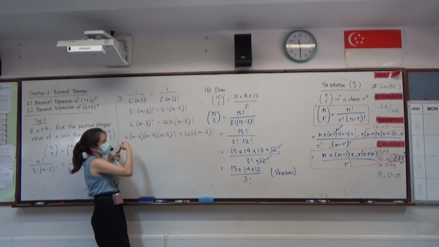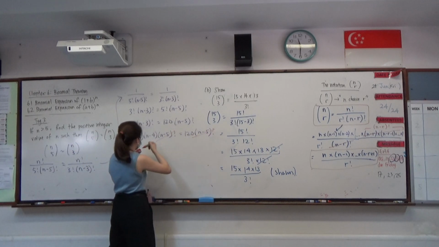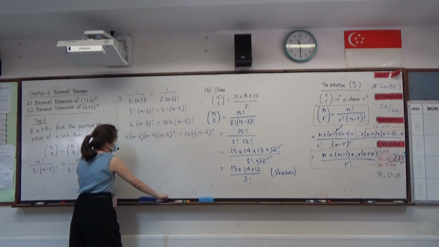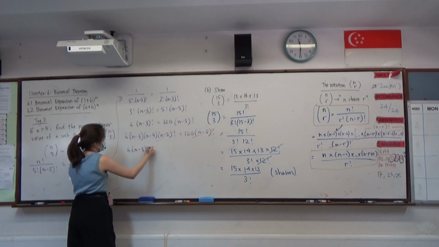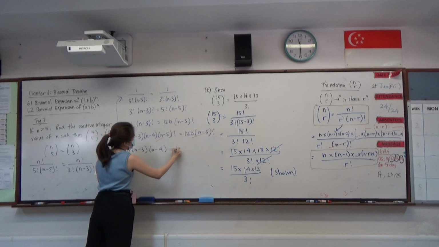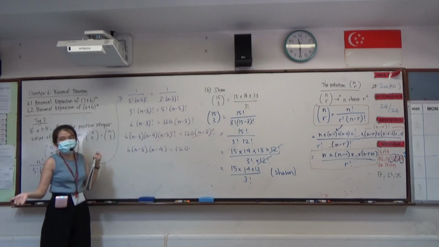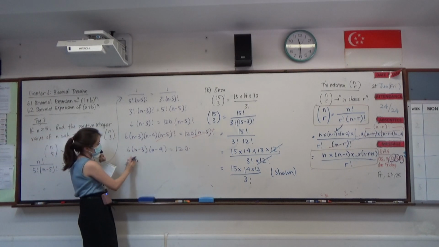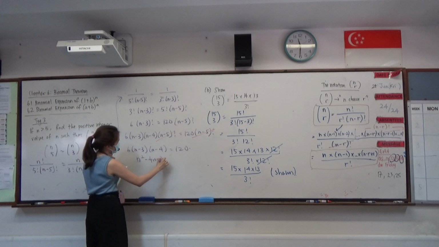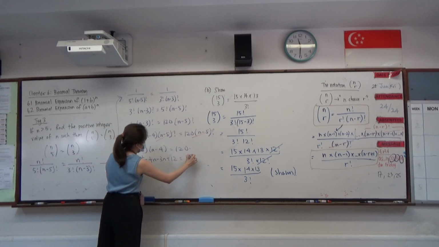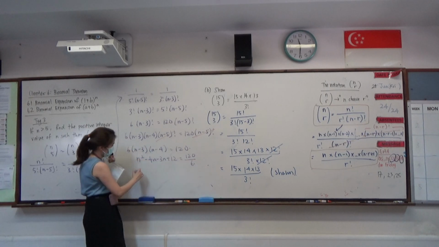So we could cancel away the n minus 5 factorial. And we are left with solving a quadratic equation essentially. So it is n squared minus 4n minus 3n plus 12 equals 120 divided by 6.